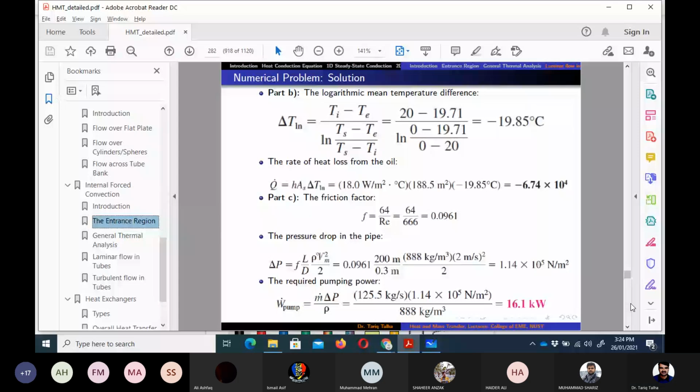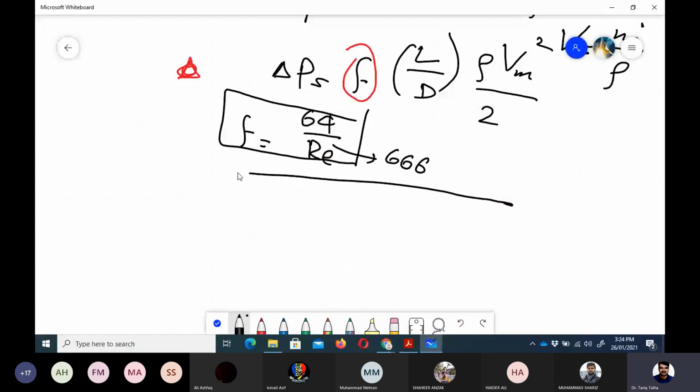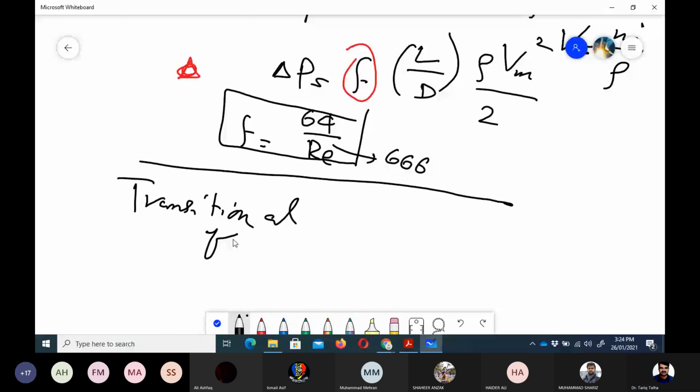For the transitional flow, what is the range?